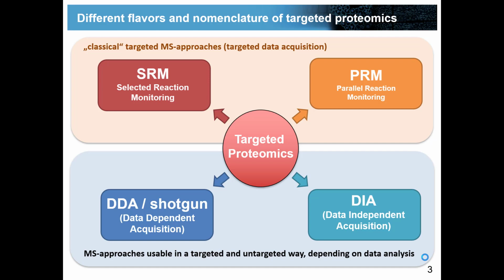So if we do a DDA experiment, we are not telling the instrument what are the interesting peptides for us. And the same is true in a DIA experiment. Here, the data is acquired untargeted, let's say. But there are new concepts, or there are strategies, to analyze data that was acquired with DDA or with DIA in a targeted way. And if you use such a targeted data analysis concept, also these techniques might fall under this umbrella term of targeted proteomics.